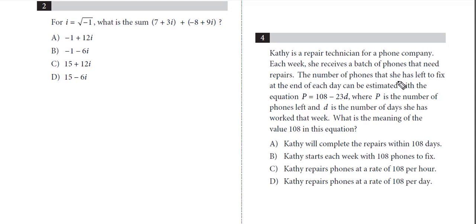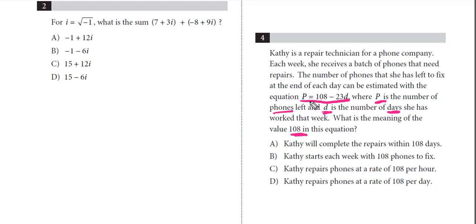The number of phones that she has left to fix at the end of each day can be estimated with the equation P equals 108 minus 23D, where P is the number of phones left, and D is the number of days she has worked that week. What is the meaning of the value of 108 in this equation? And you have different choices.